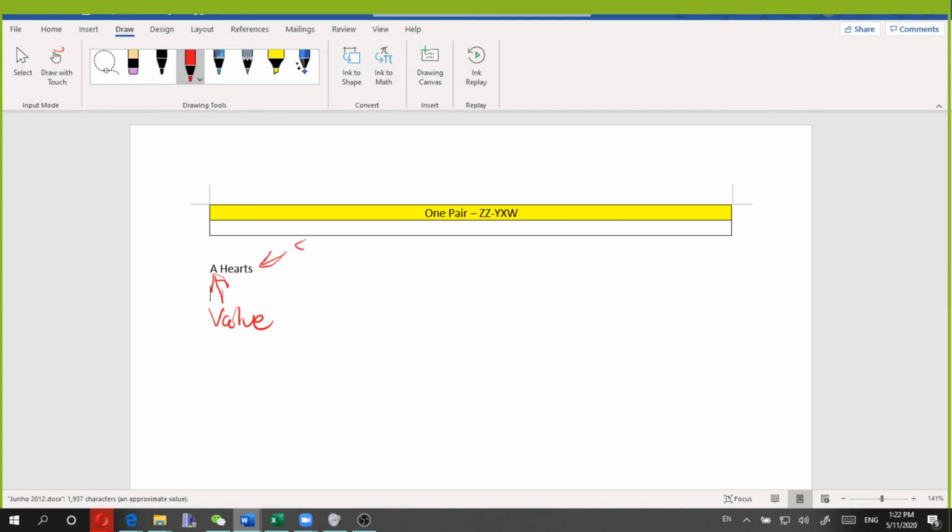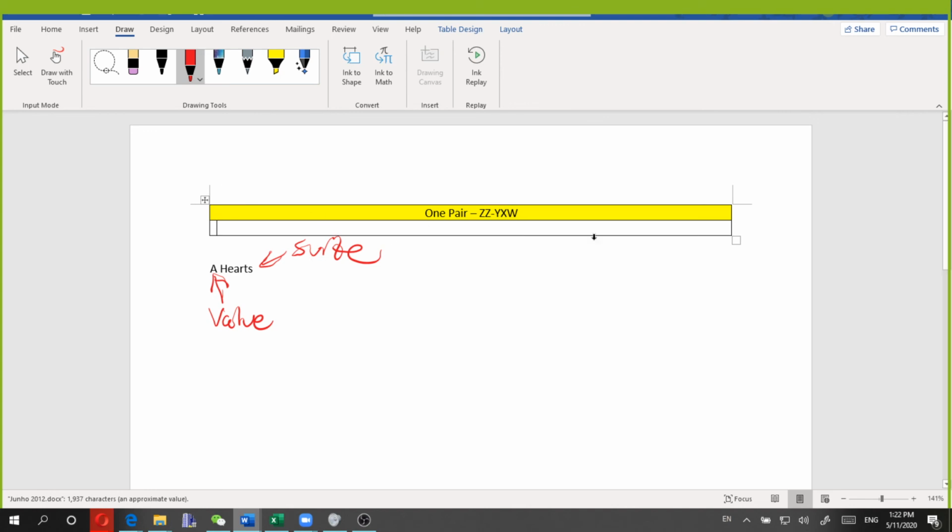My heart is the suit. Okay, so each one of these is an option for value. So this could be ace, ace, king, queen, jack, for instance.